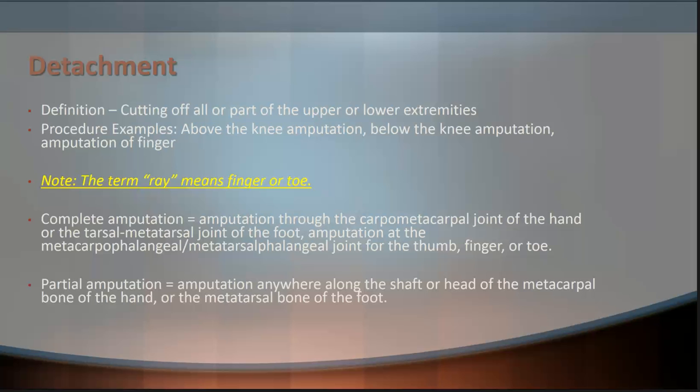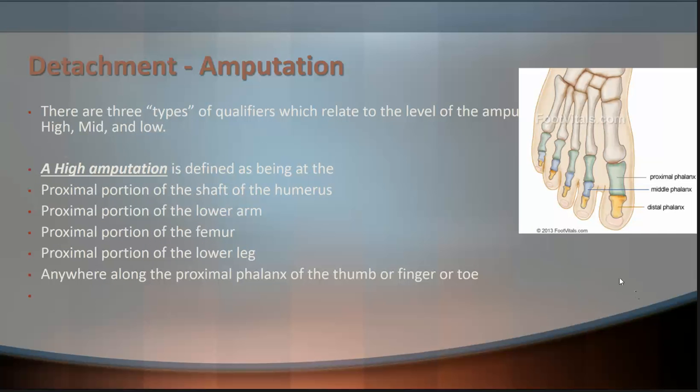I want to go to the next slide because I want you to see the graphic, because sometimes students get confused about the anatomy. So if a patient had just this one piece of their toe removed, this is not a complete ray. The entire ray is the entire toe, all three phalanges, until we get to the foot.